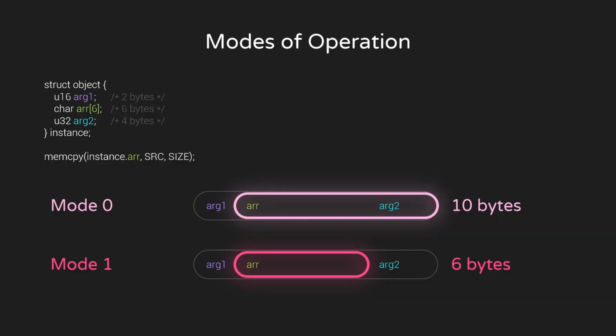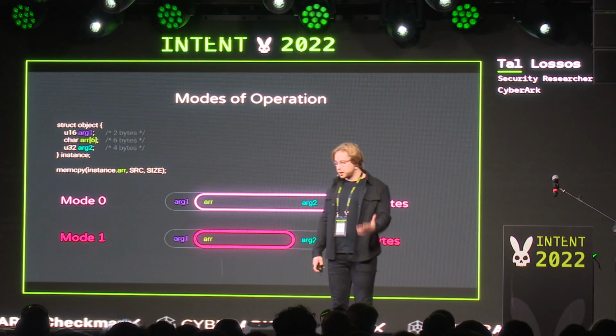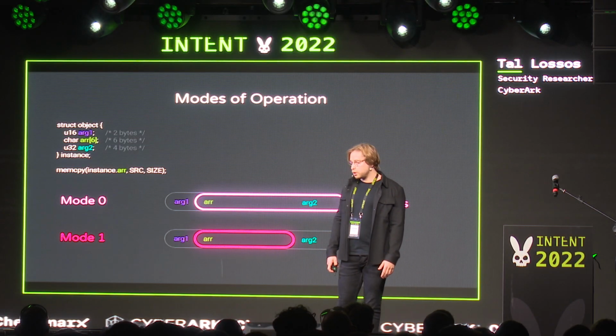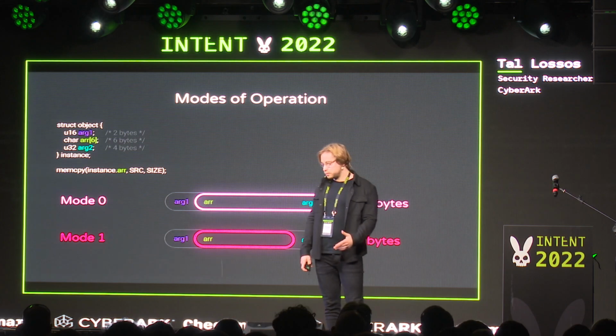Let's assume that we have this object struct that has 3 members: arg1 in the size of 2 bytes, an array in the size of 6 bytes, and another member called arg2 in the size of 4 bytes, followed by a memcopy operation on the R buffer.